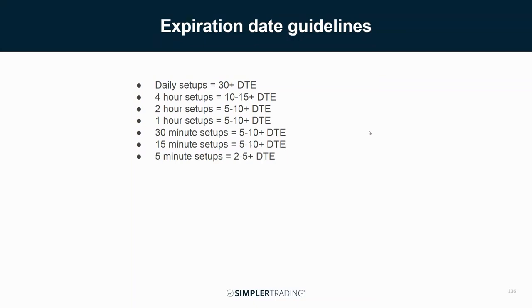So again, these aren't necessarily hard-pressed rules. They're a bit more like a guideline. But for the lower time frames, I'm comfortable with about 5 to 10 days. Do I think the 15-minute squeeze needs 5 to 10 days to fire? Absolutely not. But I'd rather my calls not go down 50, 60% if we just trade sideways for 2 days. So that's a balance we're looking for.